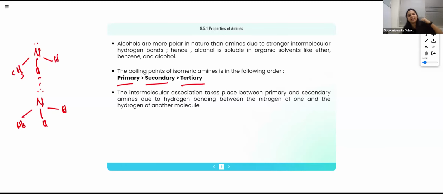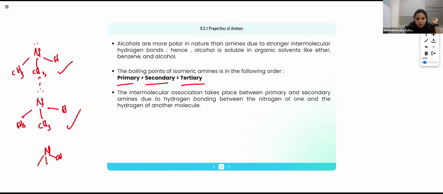Now I am taking secondary. Secondary means one hydrogen is replaced by an alkyl group, so only one hydrogen is available, and in each there is one nitrogen. The nitrogen is not changing, but the number of hydrogens is decreasing in secondary.